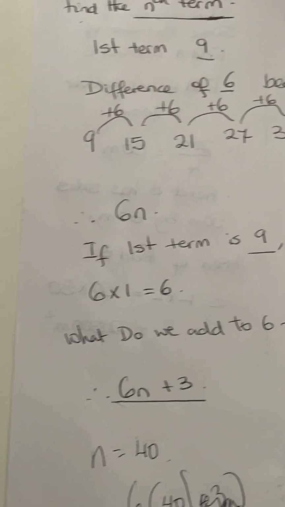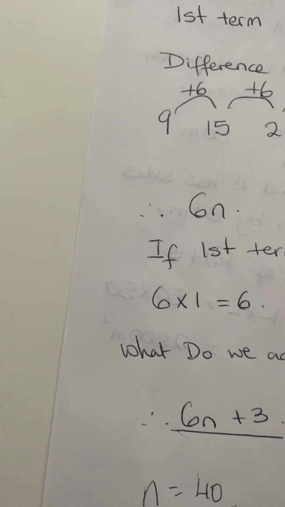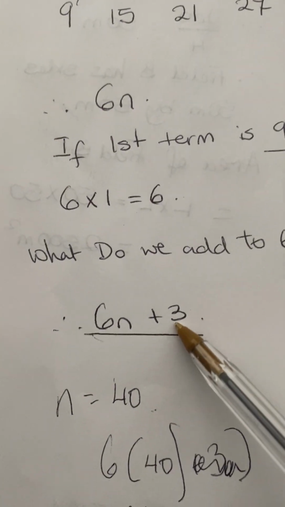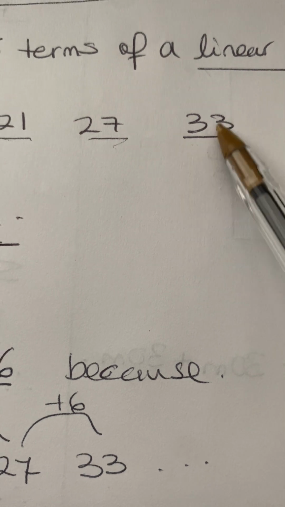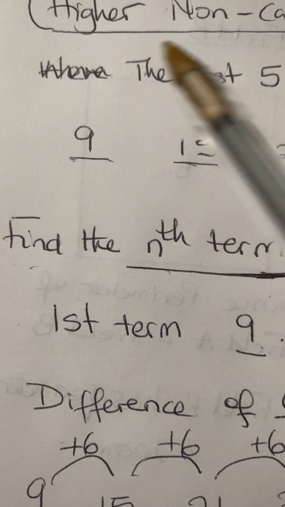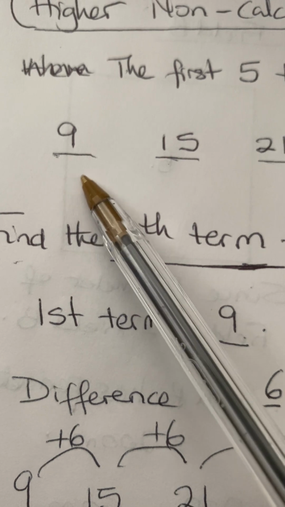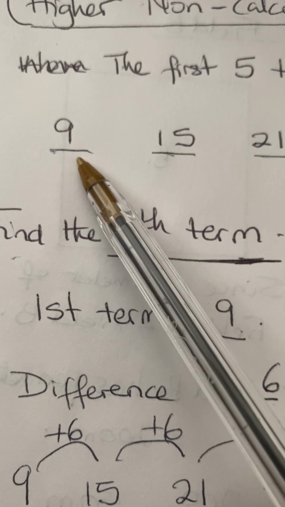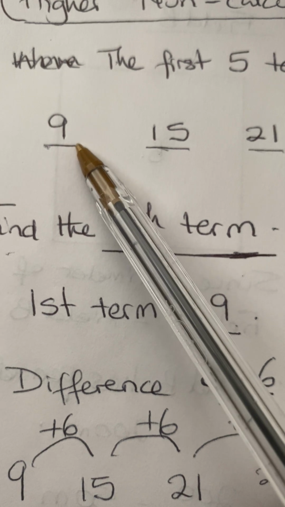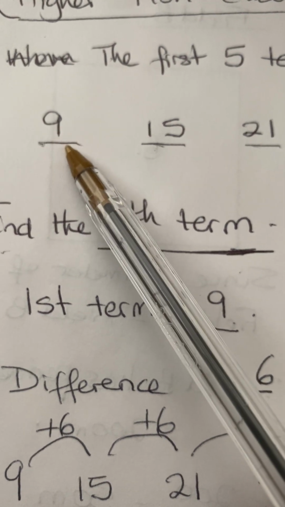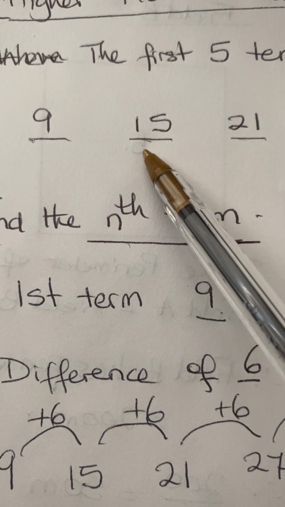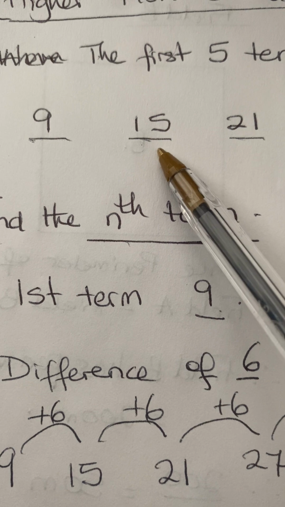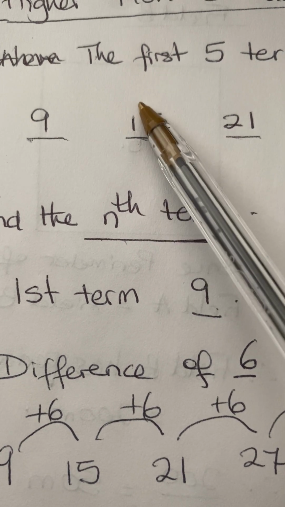And if you apply 6n plus 3 to all the terms you've been given, it will give you the figures below. For instance, n equals 1, so 6n is 6, add 3 will be 9. N equals 2, 6n is 12, add 3 is 15.